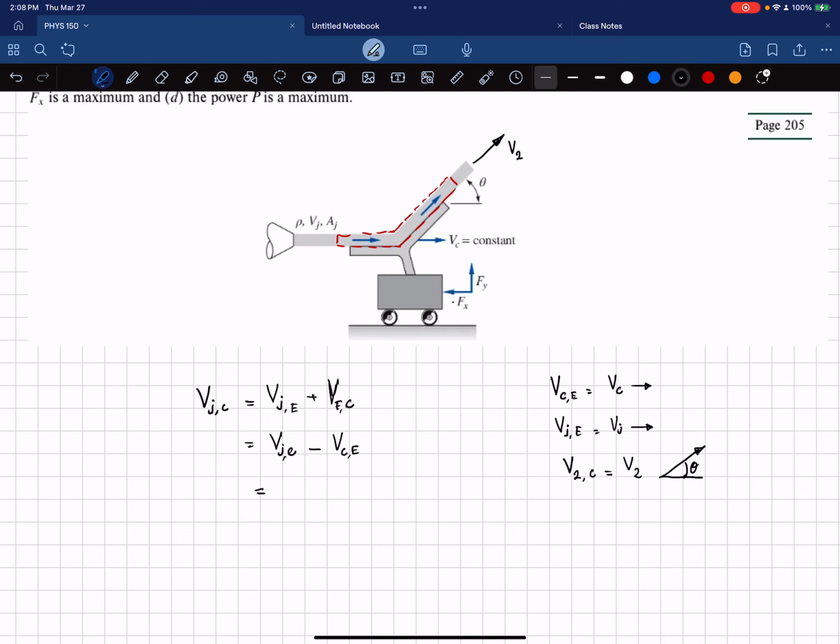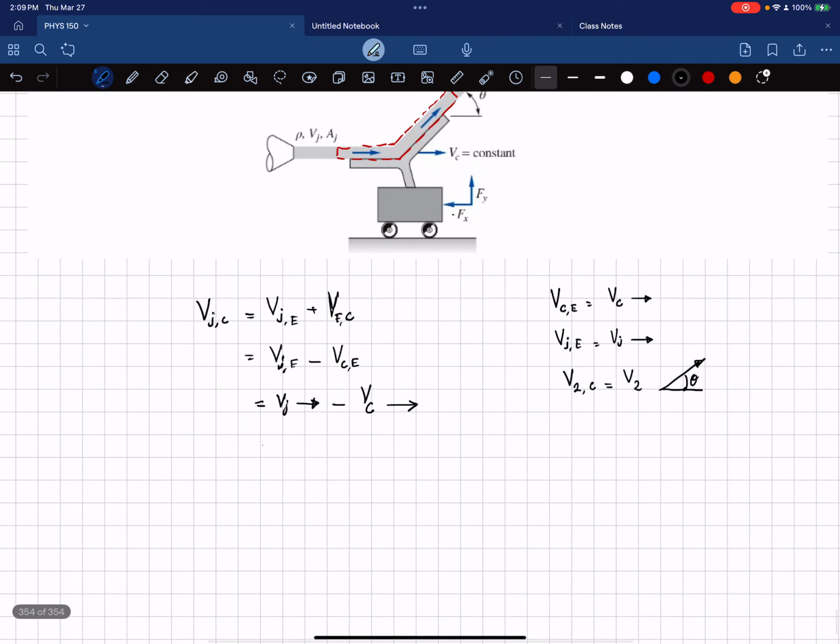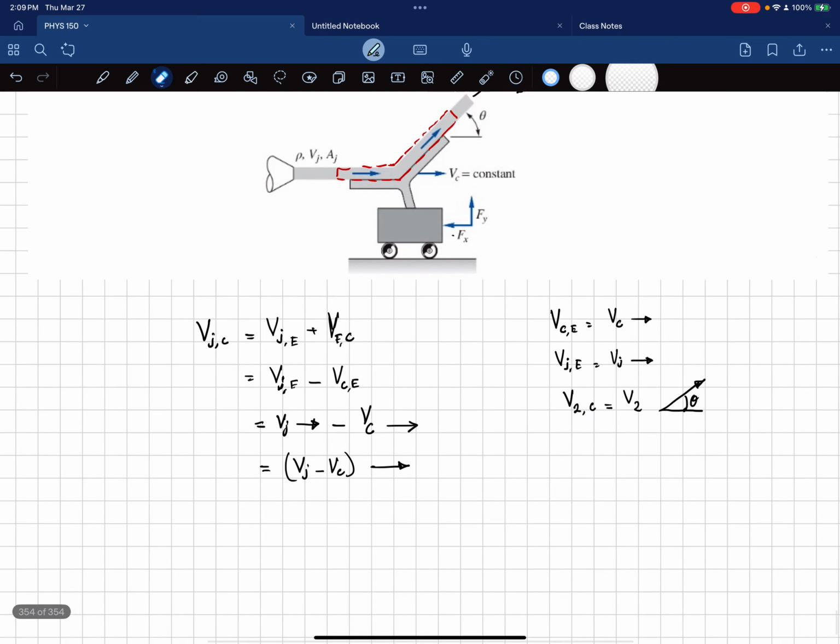VJE is Vj in this direction, and minus VCE, Vc in that direction. So the resultant would be Vj minus Vc in that direction. And we have V2C, with respect to the cart, towards this direction.